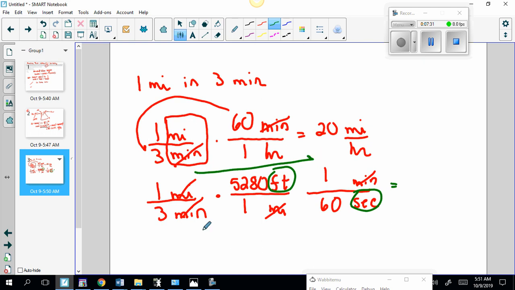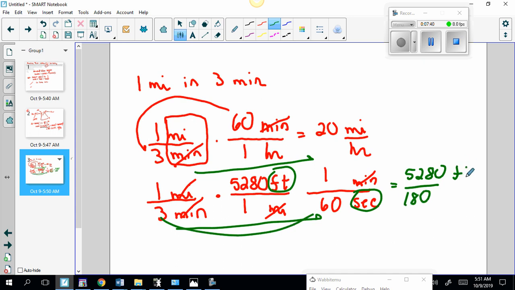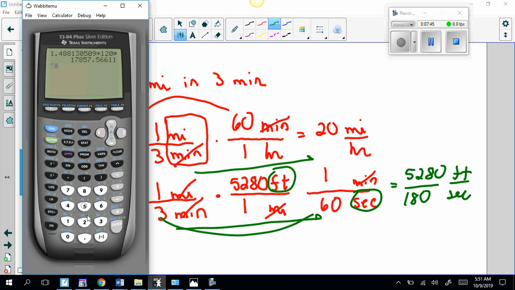Look straight across: 5280 divided by 3 times 60, 180 feet per second. 5280 divided by 180, 29.3 repeating feet per second. And then we got to round to nearest tenth, I believe. So first answer is 20, 29.3.